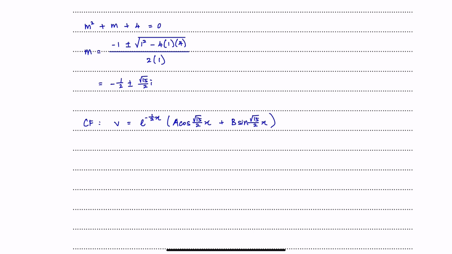So we just plug these values. -1/2 would be in this part, and √15 over 2 would be in this part. When the root of this equation is an imaginary number, we have the complementary function in this format.